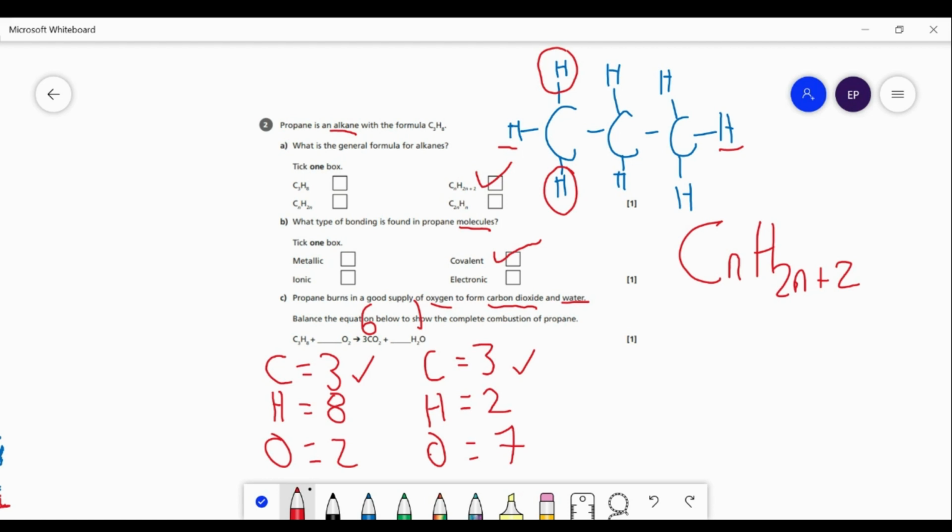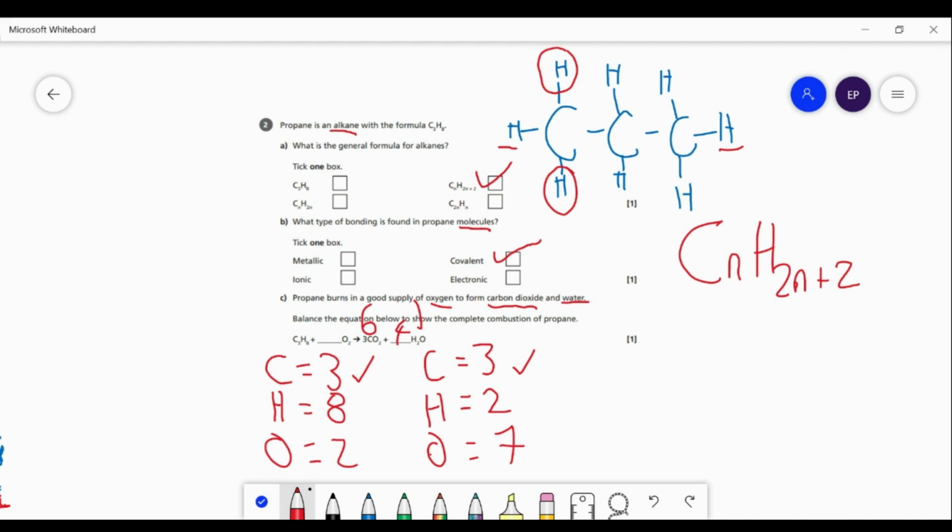Now we need to make sure we've got the same number of each type of atom on both sides. We can see we've got 8 hydrogens on the left-hand side, only 2 hydrogens on the right-hand side. So if I place a 4 in front of the water, that will affect the hydrogen and the oxygen atoms.